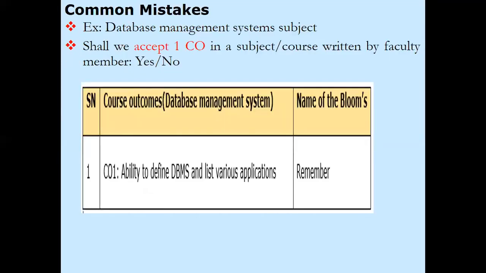Now, generally, whenever you write the course outcomes, we make certain mistakes. For example, there is a subject called database management systems. The faculty member has written the course outcome as below. Shall we accept the following one course outcome?